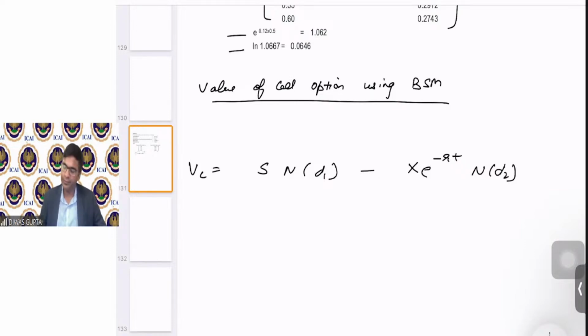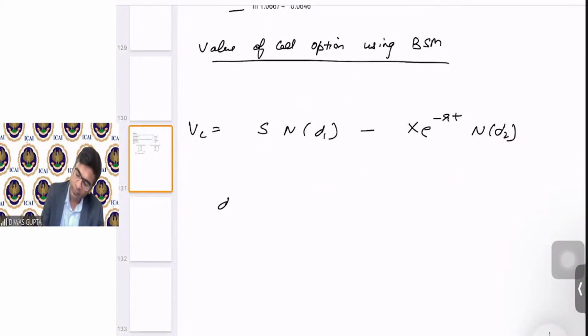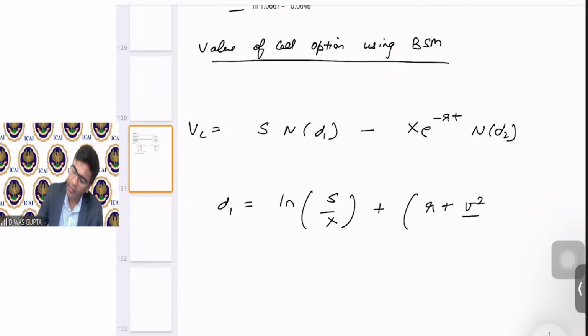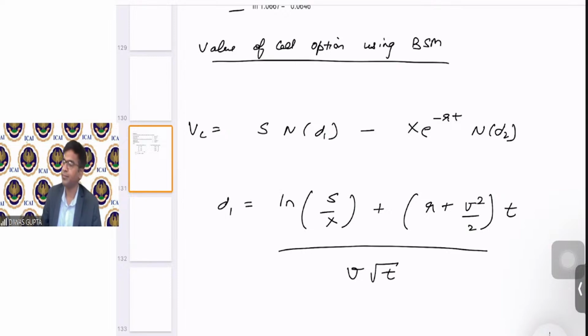Here d1 is equal to natural log of S by X plus risk-free rate of return plus volatility squared divided by 2, multiplied by the time period to expiry, whole divided by volatility times square root of T.